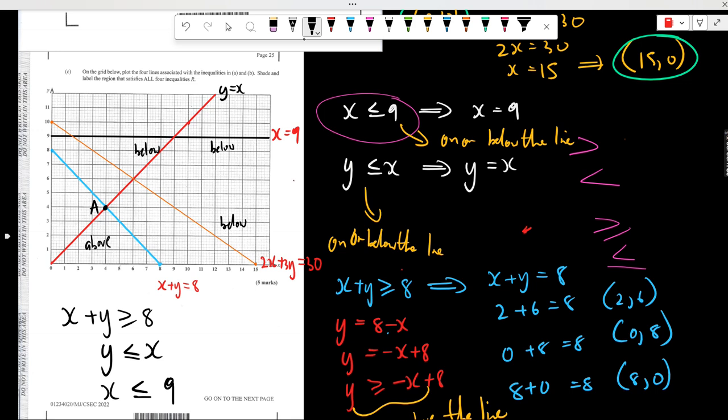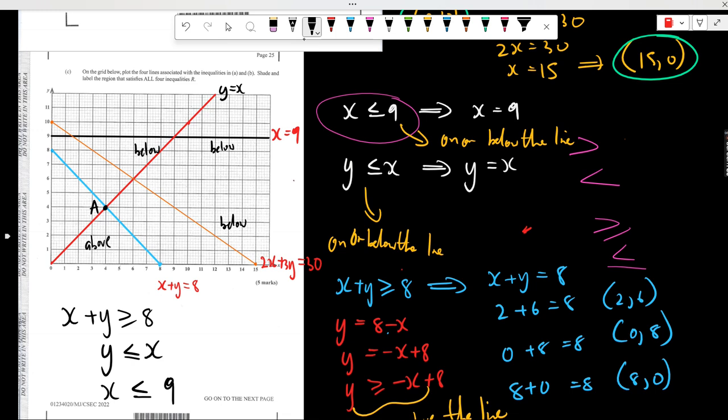Not necessarily, yes and no. It's not always going to be an intersection of the lines, but there are other points which satisfy the region which are not the intersection of two lines. So can you identify any of the other vertices?